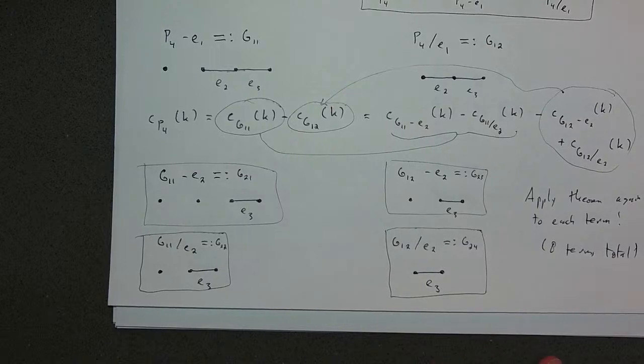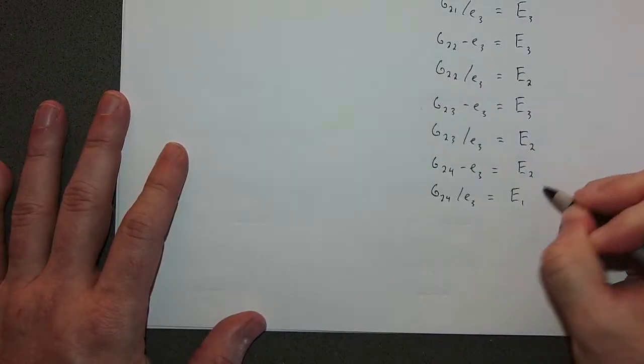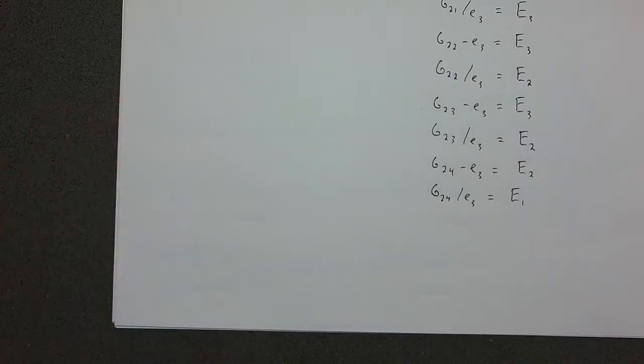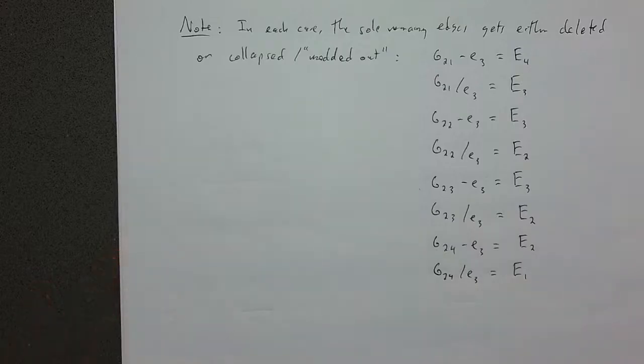That's it. I'm left with a single vertex, the empty graph on one vertex. So this last application of the theorem to each term in what I have, this is it. I now have no edges left to remove or mod out by. Right? I have no edges left to remove or collapse. So that's it. We're done here.